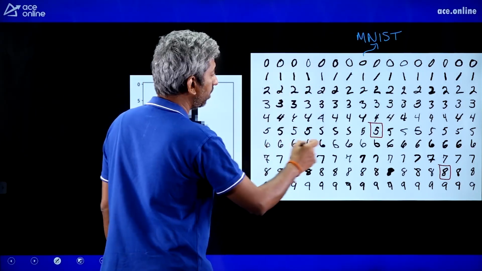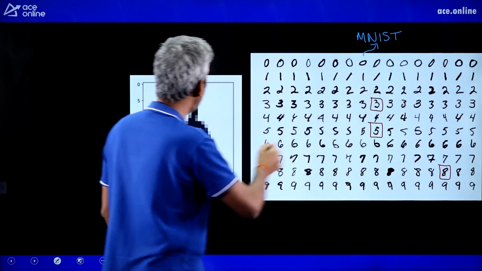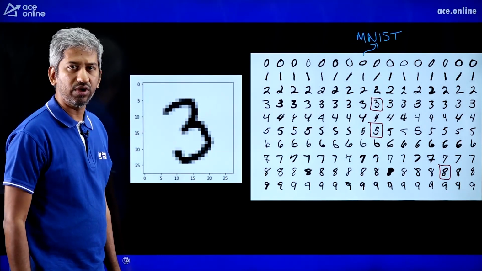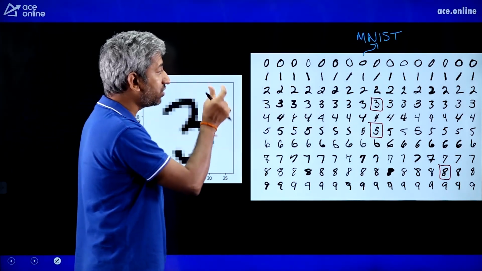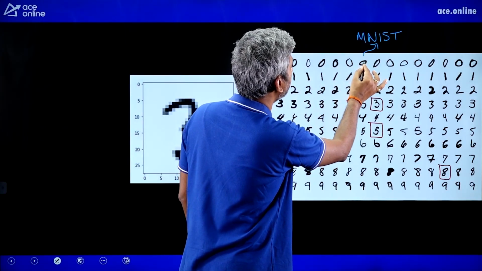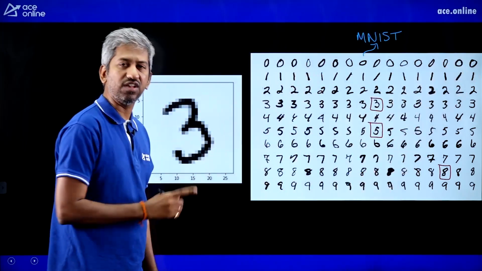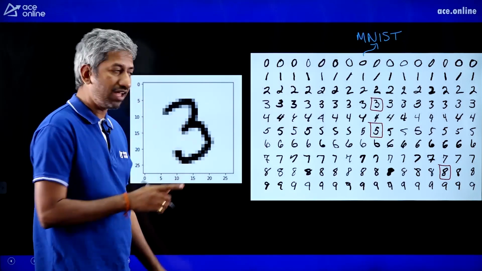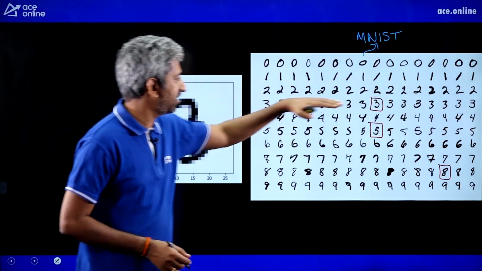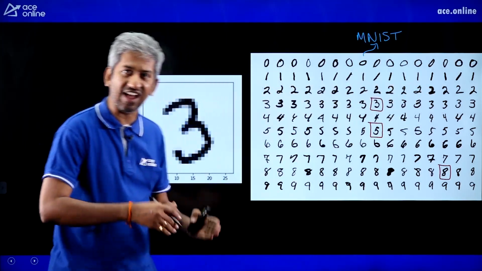For example, you take this 3. This is its corresponding image here like this. Okay. So, images stitched together: 1, 2, 3, 4, 5, 6, 7, 8, 9, 10, 11, 12, 13, 14, 15, 16 zeros are there. 16 zero images are there. 16 images of 1 are there. 16 images of 2 are there. 16 images of handwritten 3s are there.